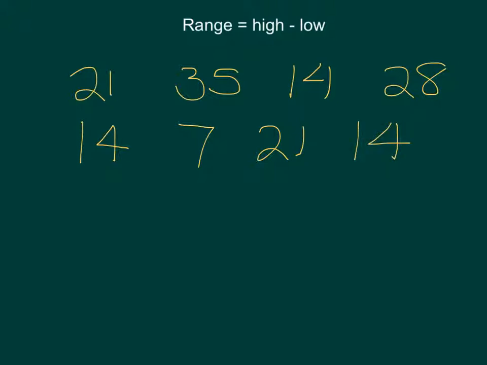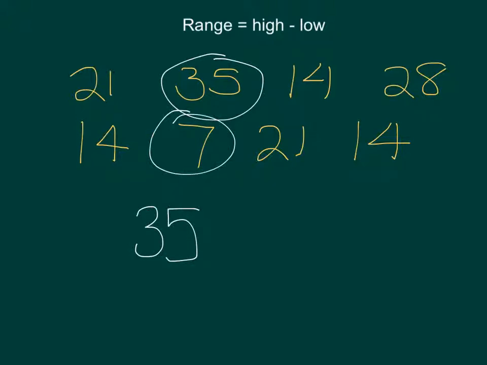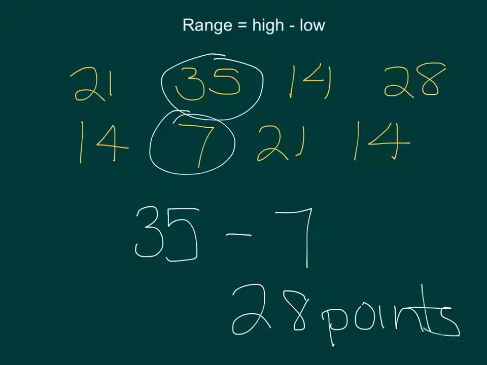So if you're looking at this data, you choose your largest number, which is 35, and your lowest number, which is 7, and you subtract them. And so that would mean that your range of data is 28 points, is the range, because it is divided over a range of 28 points from highest to lowest.